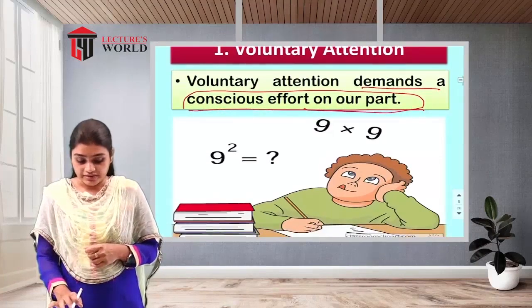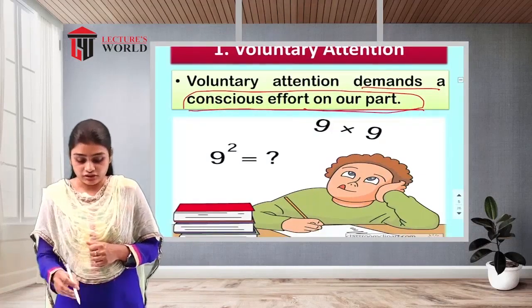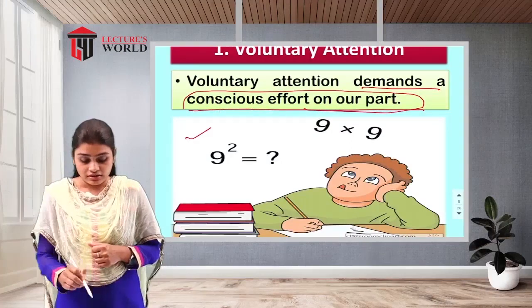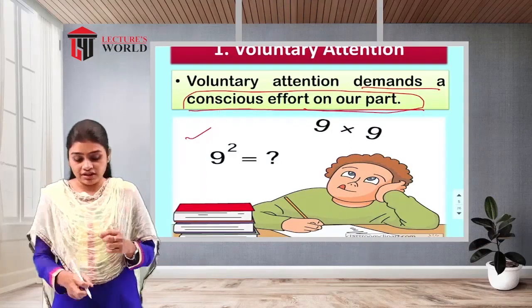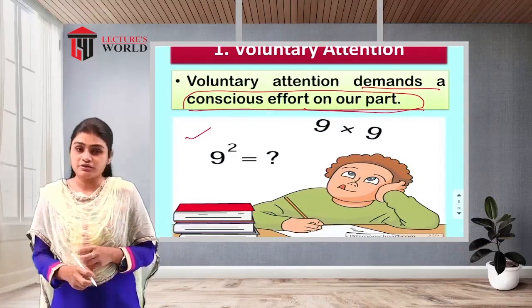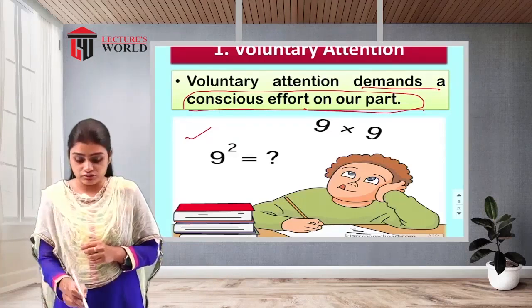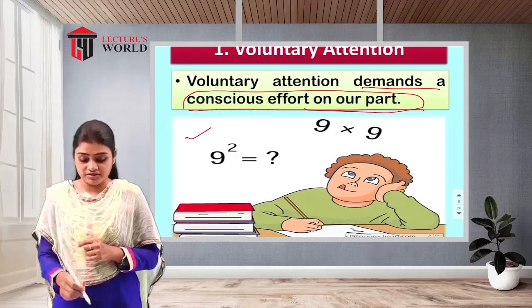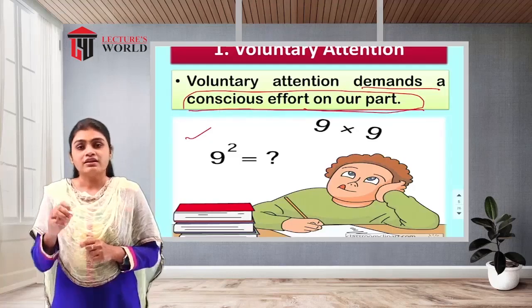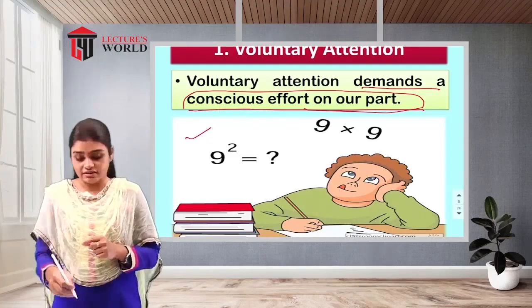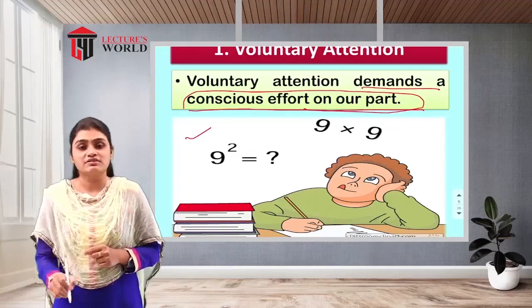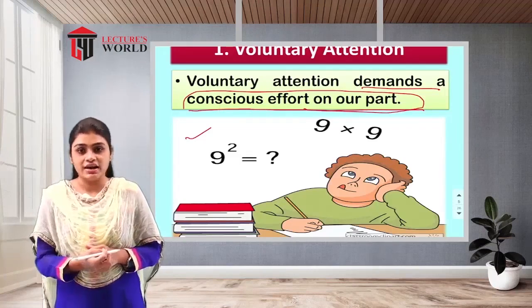So let's see an example of voluntary attention. You can see here the teacher might have given an assignment to this particular student to complete a mathematical solution. He is doing it because the teacher has said that he or she will punish the student if they do not solve it.